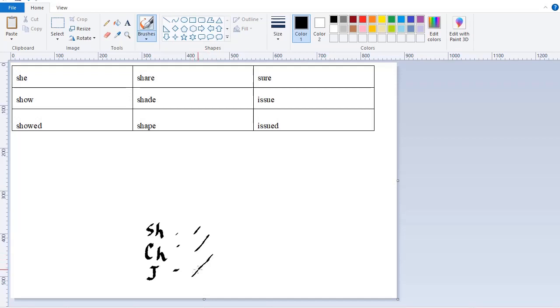Okay, so now the question is, ma'am, how will we be able to identify if that is SH, not T? Or how will we be able to identify that that is CH and not D? Okay, so the answer is simple. You have to use your common sense. To show you why I said it's simple, let's just do the strokes.